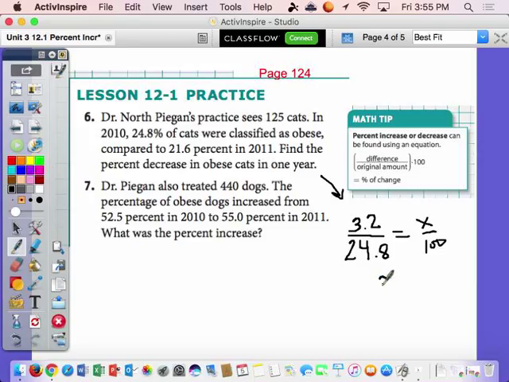So it's about what? Now, my question to you is, is that an increase in obesity or a decrease in obesity? Make sure you remember that's a decrease. From 24 to 21, you went down.